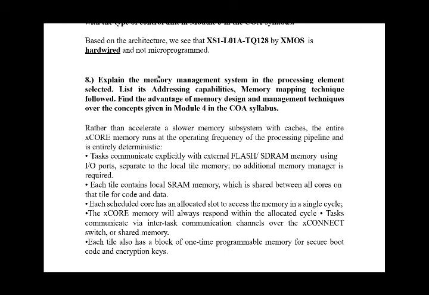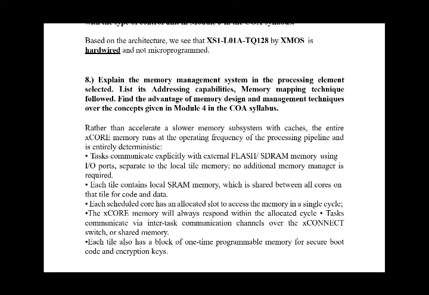In the eighth question, they're asking about the memory management system of XS1 by XMOS. So instead of a slower memory subsystem with caches, for the entire X core, which is the cores from 0 to 7 logical cores, memory runs at the operating frequency of the processing pipeline and is entirely deterministic. So we don't go out to the slower technique, and instead we run all these 8 logical cores at the same operating frequency.